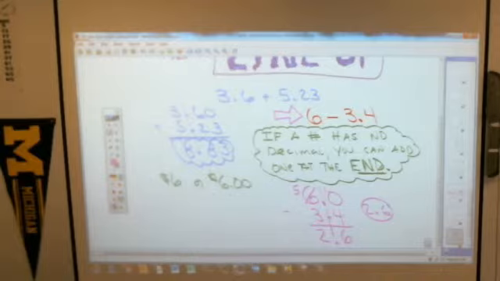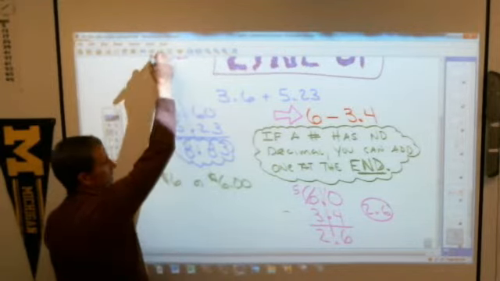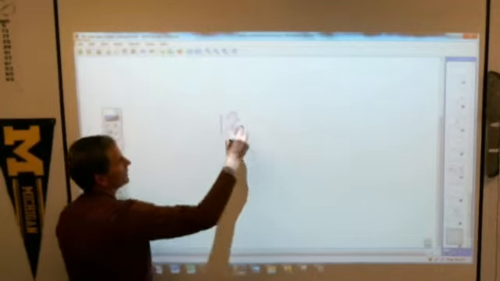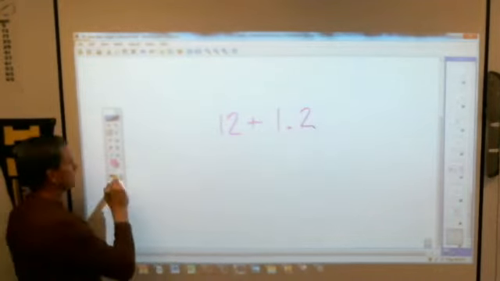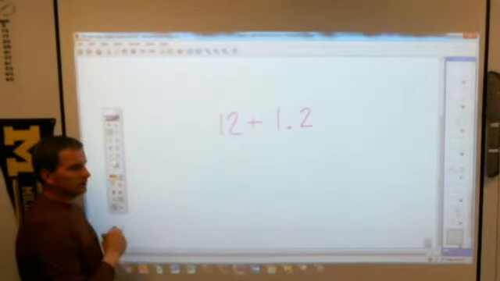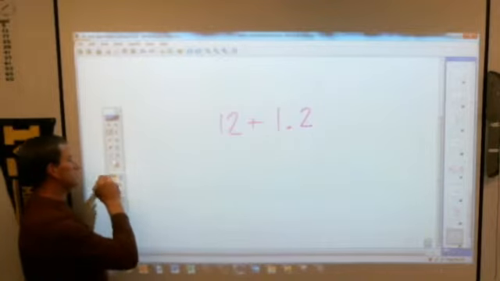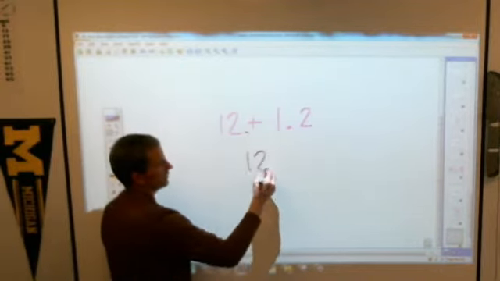Let's see, how about this one? 12 plus 1.2. What will that look like? Where's the decimal going to go in 12? Andrew, where's the decimal going to go in 12? At the end. Yeah, right here when I do the problem. 12.0 plus 1.2.